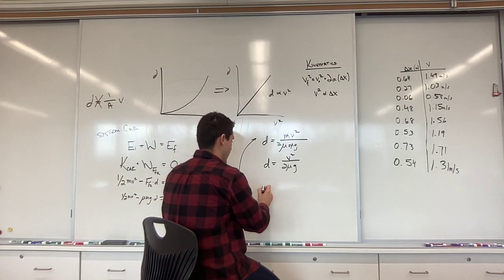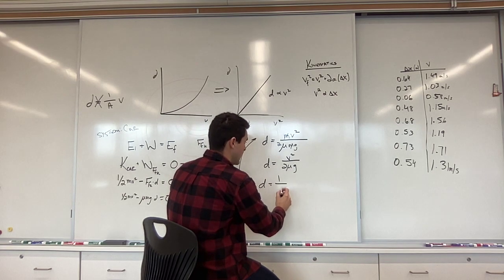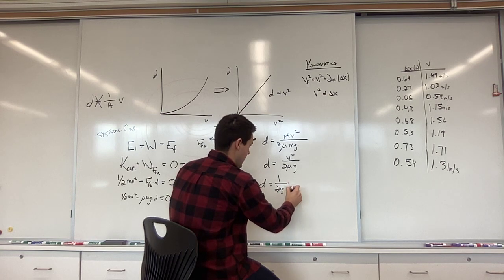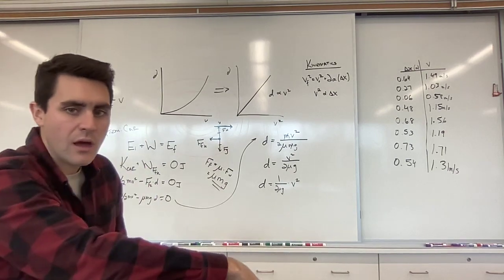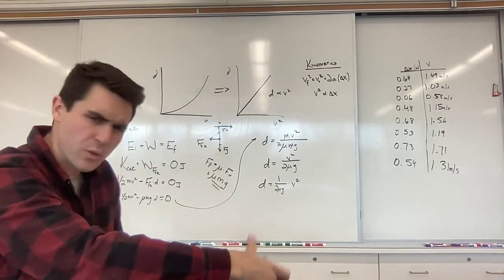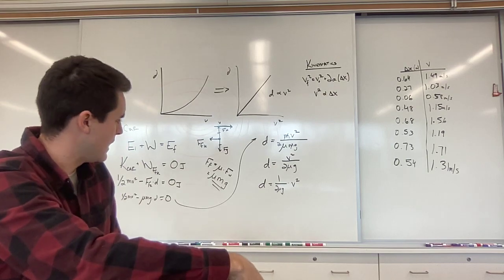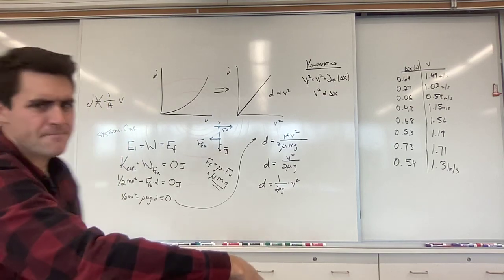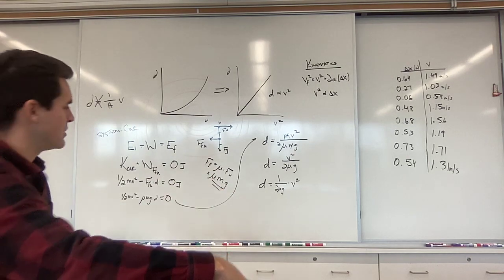So was P. Hicks right? Distance equals 1 over some constant, and that constant is 2 mu g, times v squared. This is my equation. Now 2 is a constant, mu is a constant for certain for 2 specific surfaces, and g is a constant. Is he right? He was thinking it was v, but we end up knowing it's actually v squared.